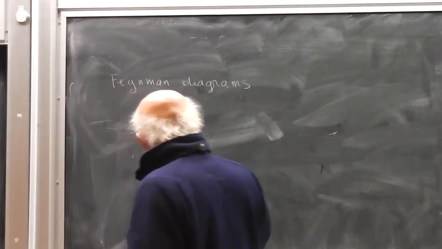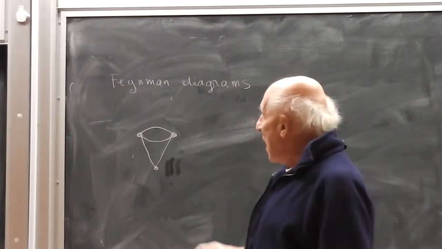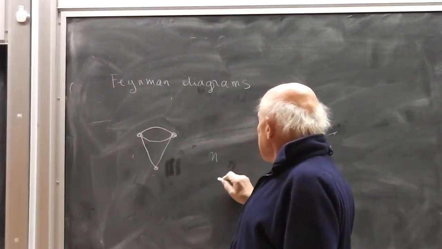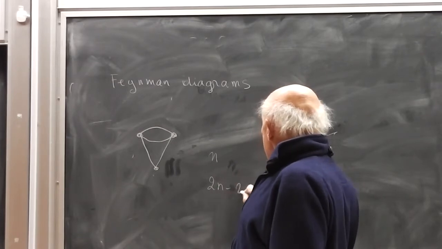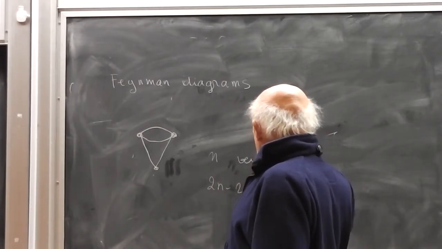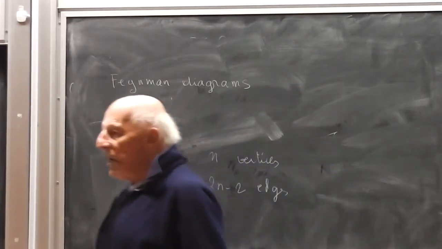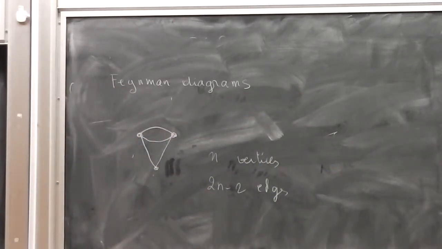So you have a diagram of this kind. There are 3 vertices and 4 edges. You have n vertices and 2n minus 2 edges. Well, it's just a particular case. They are much more complicated. But these are crucial. When you have to evaluate them numerically, this is crucial.